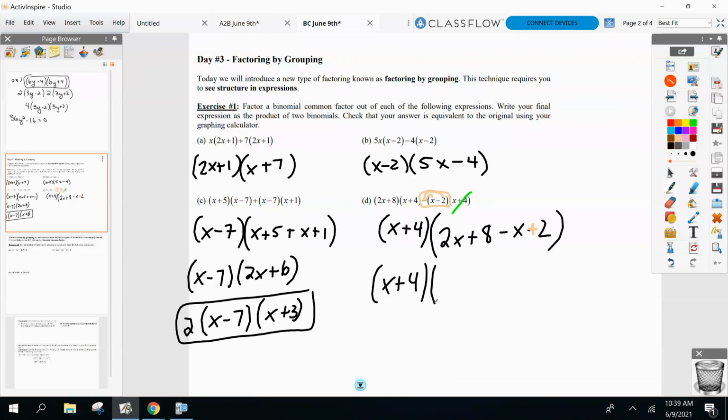And then combine your like terms, I get x plus 10, I think. Questions, comments? Look good?